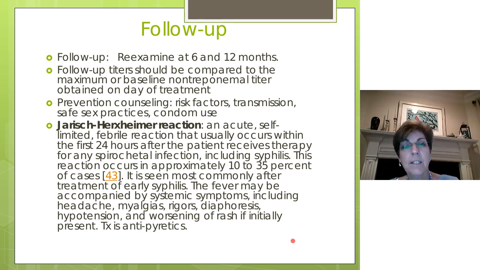It's most commonly seen in early syphilis. The fever can be accompanied by all kinds of other constitutional symptoms like myalgias and headaches and chills and diaphoresis, and worsening of the rash. And there really is no treatment for it other than Tylenol and Motrin and things for the fever and the body aches, and it does go away.